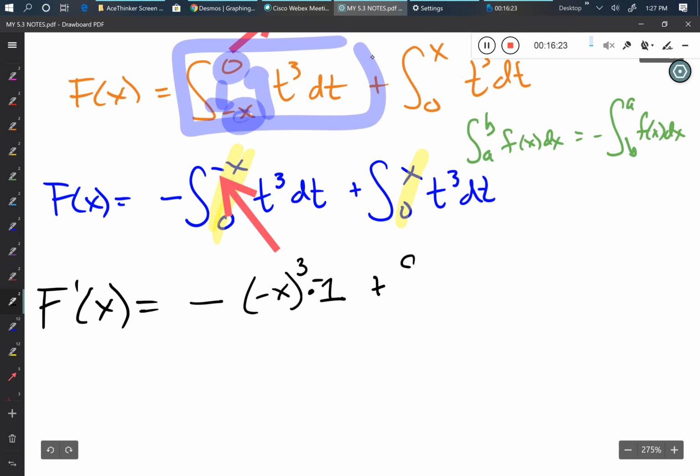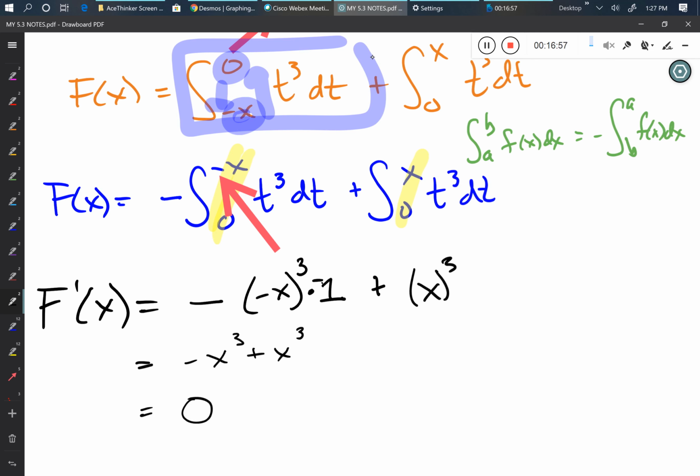Plus, when I do the derivative of an integral, I take the integrand, plug in the upper limit of integration. Negative x cubed is negative x cubed, and with the negative it makes a positive. Looks like we got a negative x cubed coming out of this, plus a positive x cubed. A negative x cubed plus a positive x cubed is 0. So that means that the derivative is 0.